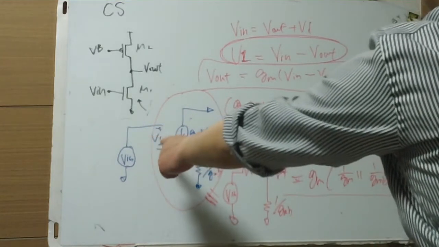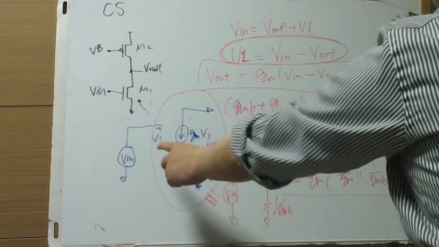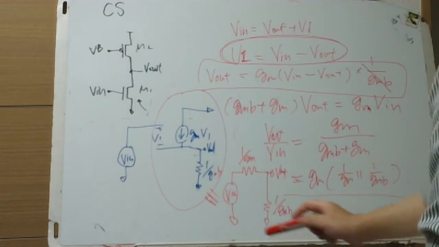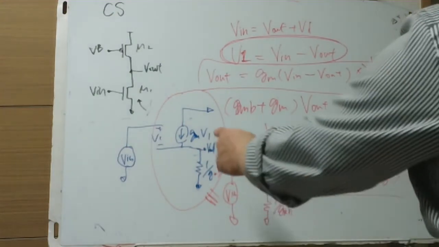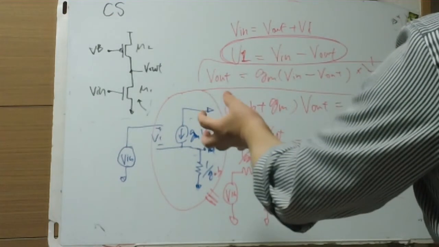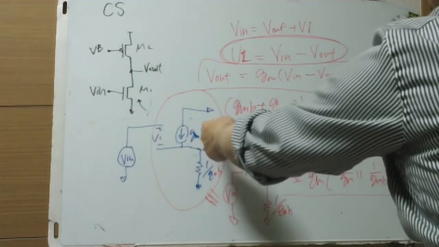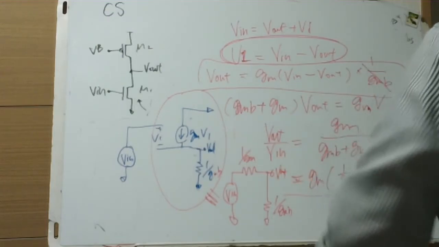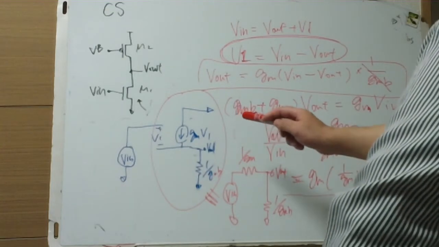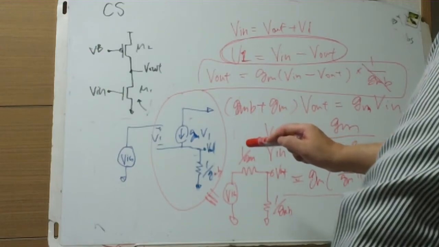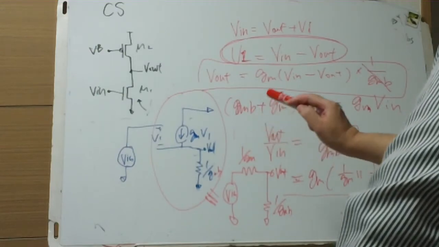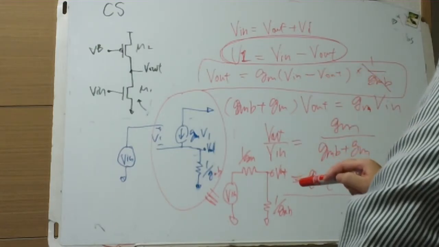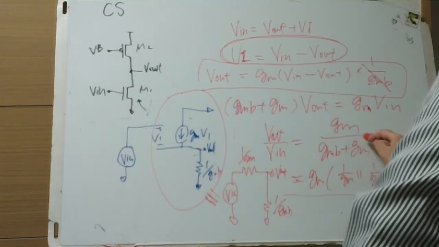This approach is right, this approach is right, but exchanging V1 to V in doesn't reach this expression. GM V in divided by GMB equals V out. So V out over V in equals GM over GMB. So there's no GM.